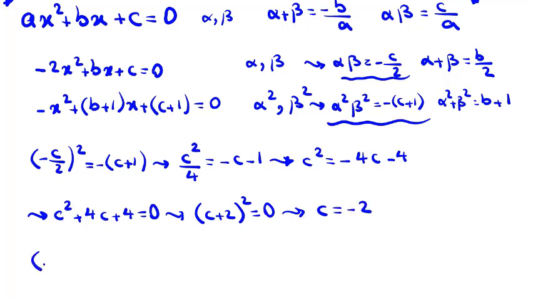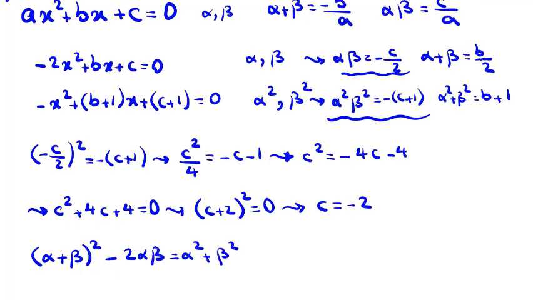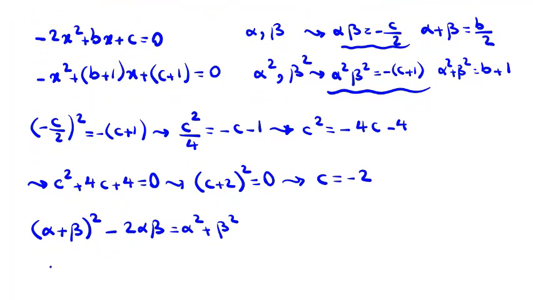Now the next thing, I know that (alpha plus beta) squared minus 2 alpha beta is equal to alpha squared plus beta squared. Now we want to replace. Alpha plus beta is b over 2, so it is (b over 2) squared minus 2 times alpha beta, which is negative c over 2. Alpha squared plus beta squared is b plus 1.